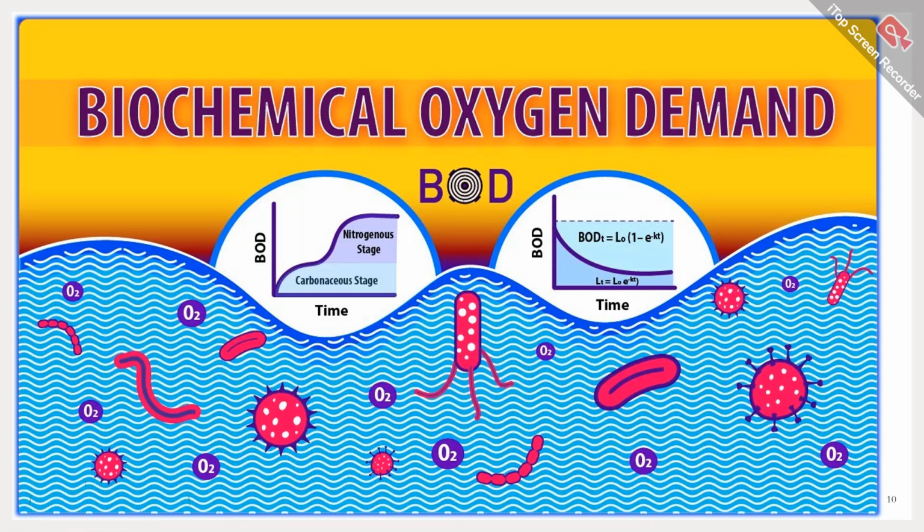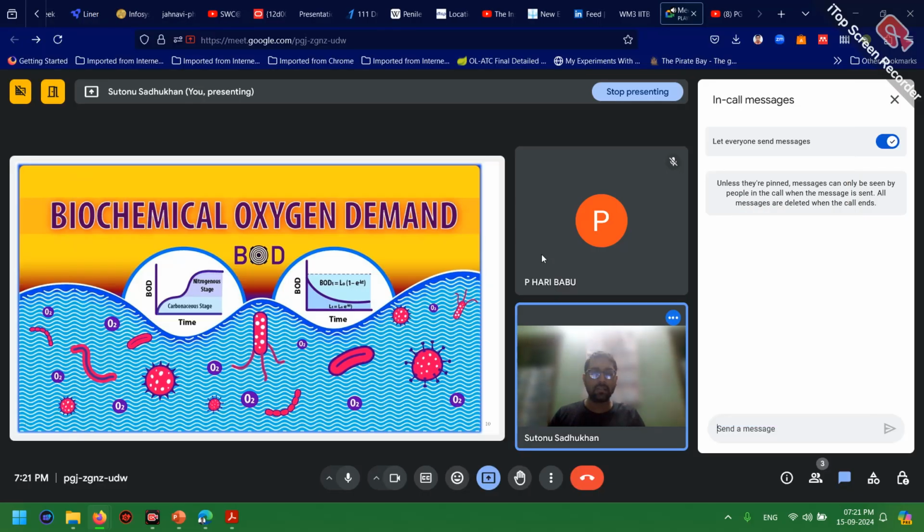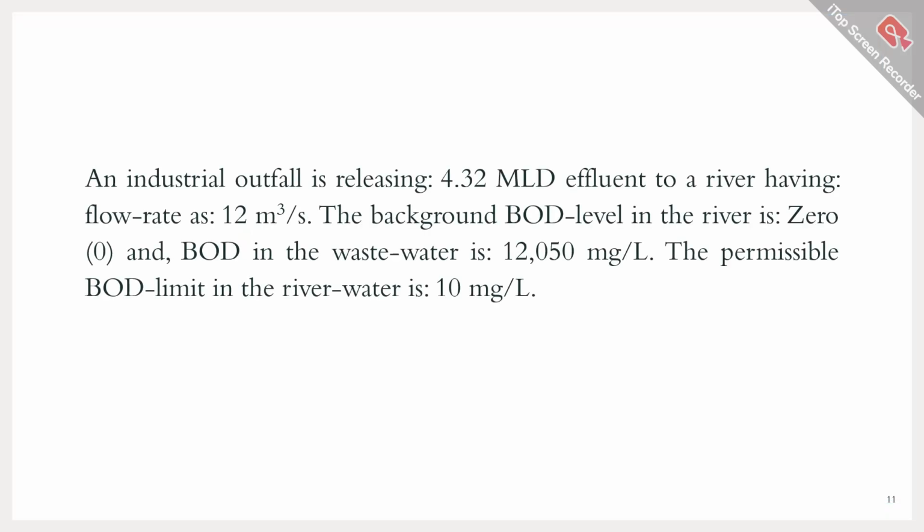Okay. So now if we have understood this concept, based on this concept we will solve one problem for the better understanding of the concept of BOD. The problem is as follows. An industrial outfall is releasing 4.32 megaliters per day, or million liters per day (MLD), effluent to a river having flow rate of 12 meter cube per second.